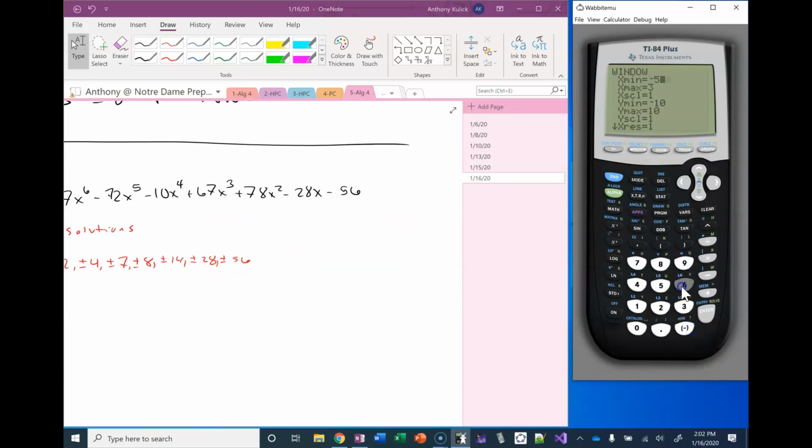So that's negative 56 is the smallest, and positive 56 is the biggest. The x min gets the small number, x max gets the big number. The y mins and y maxes I usually just leave at negative 10 and positive 10. It'd be a rare exception where I would need to change those. Almost always they will be fine. Now let's hit graph.